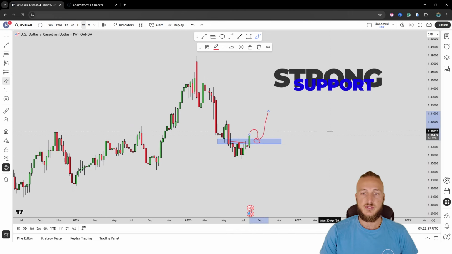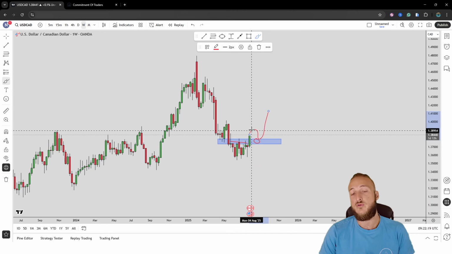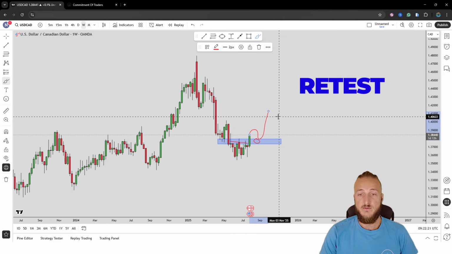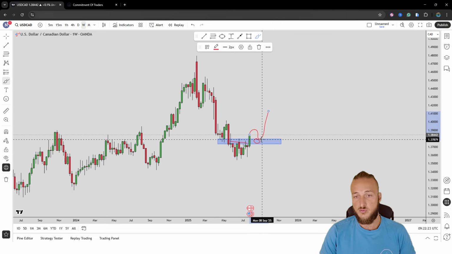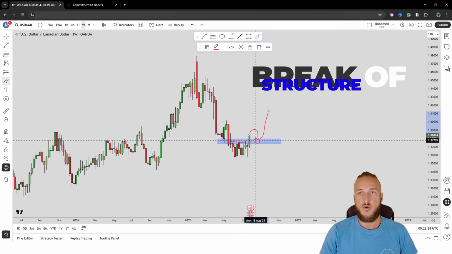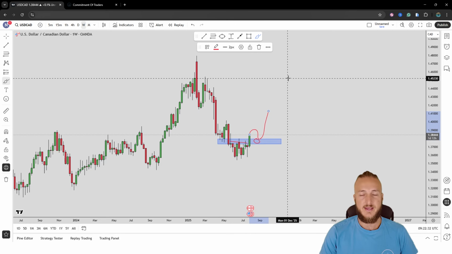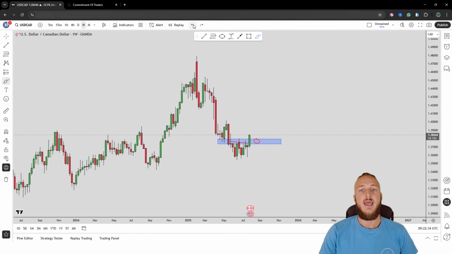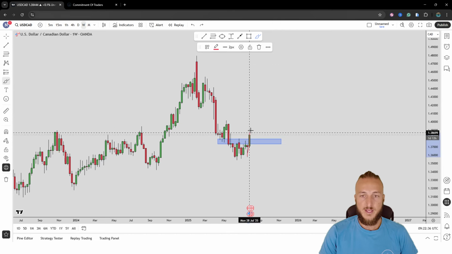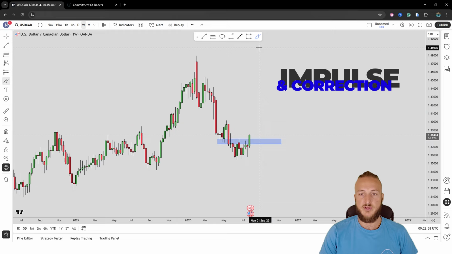And the next logical step would be for the market to create a retest of this previous weekly resistance turned support, because as we know in the market, previous resistance, once it is broken to the upside, is acting as support. And at that point, what you would expect is the continuation to the upside and the completion of this weekly impulse, correction, impulse pattern to the upside.